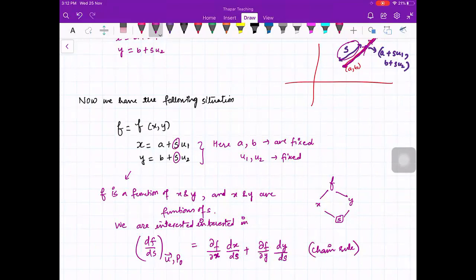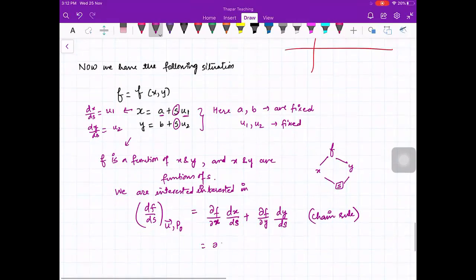Now what is dx by ds? That is u1, because a is constant so its derivative is 0. So curly x by curly s is u1. And what is curly y by curly s? That is u2. So this quantity is curly f by curly x into u1 plus curly f by curly y into u2.